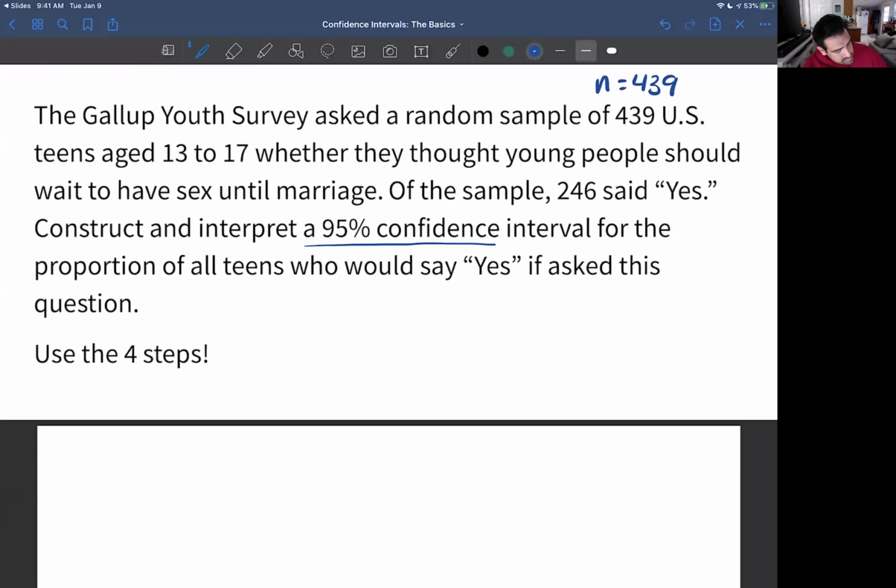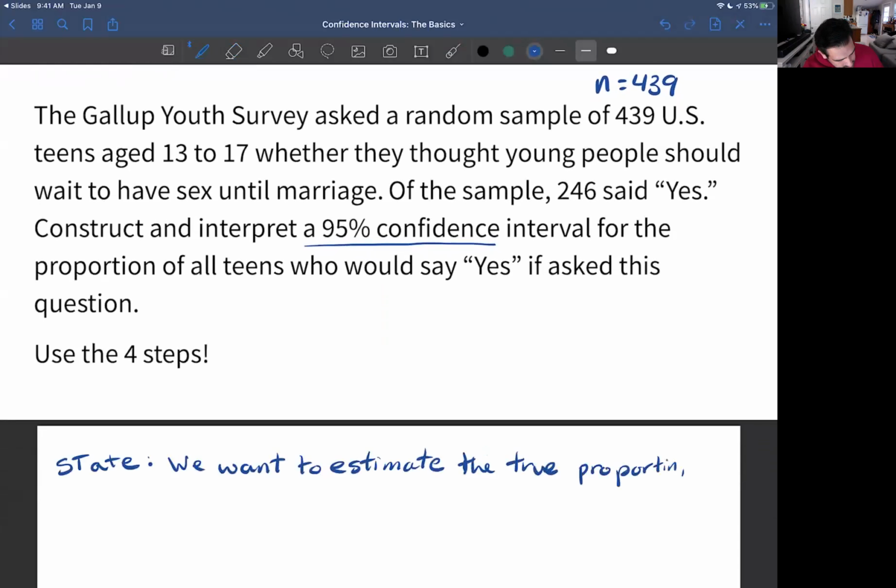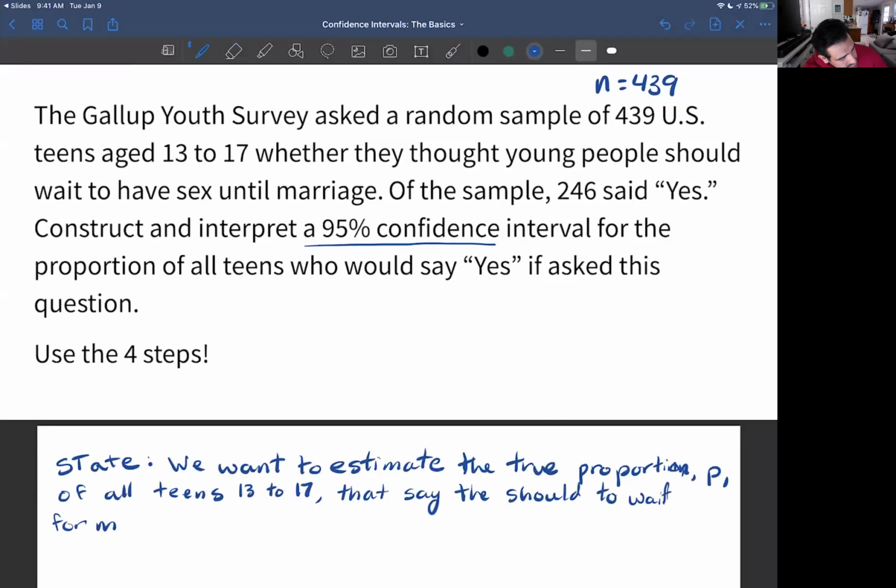What do we want? What are we stating? We want to estimate the true proportion P of all teens 13 to 17 that say they should wait for marriage to have sex.